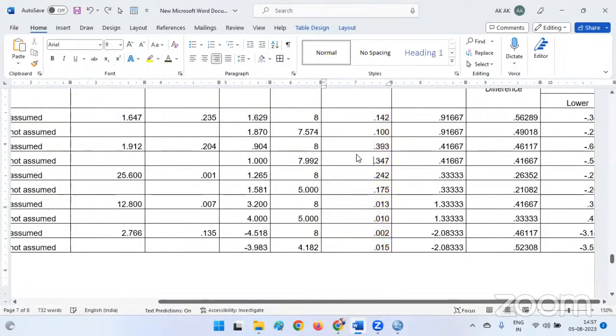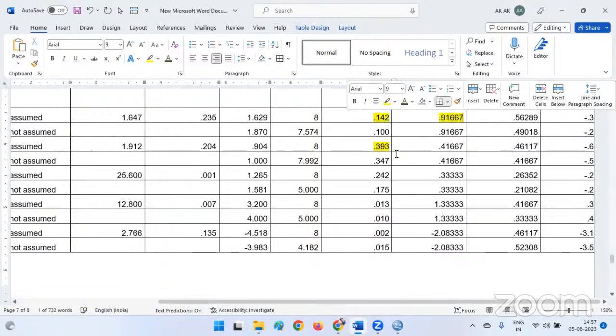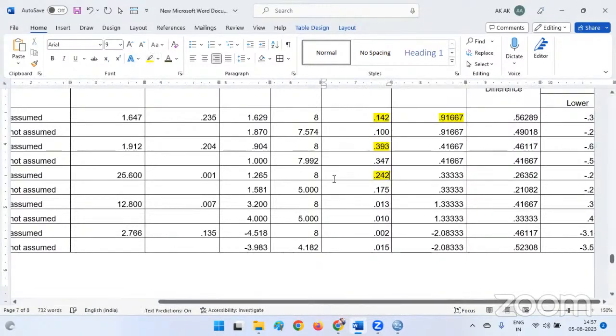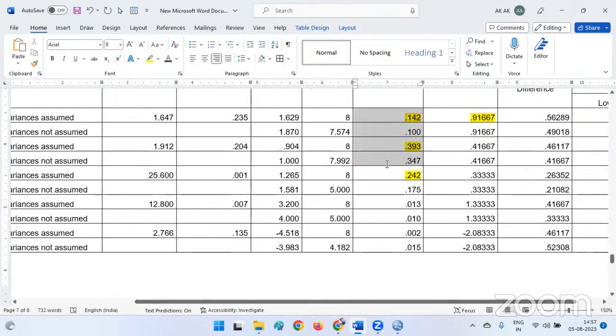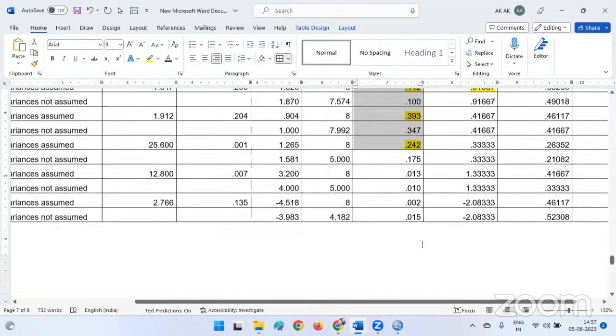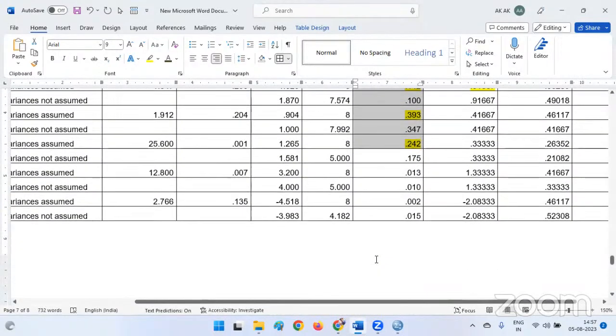So I'll take the first one. In these two clusters, with respect to display, battery and speed, the significance value is more than 0.05, which means that there is no significant difference.